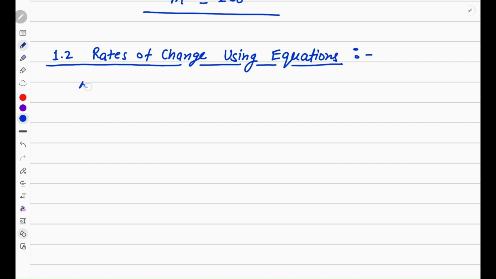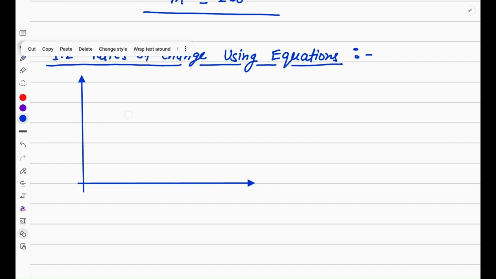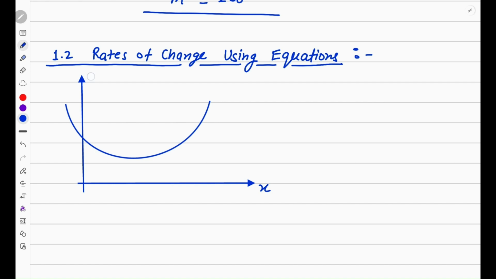Like, we have a curve in the x and y direction, and we are given some equation. This y equal to f(x) is the equation of this curve.